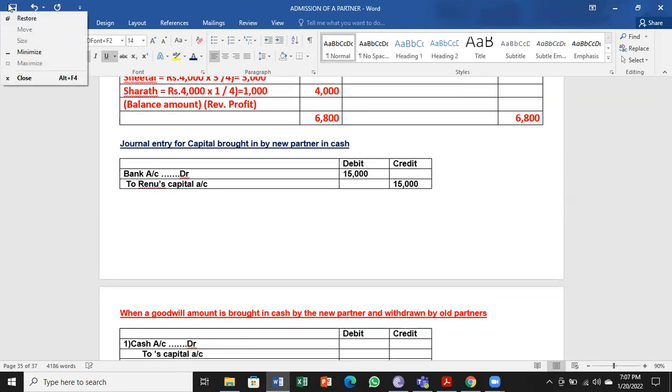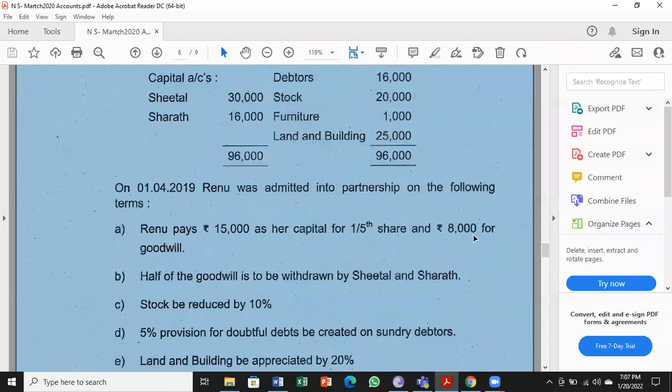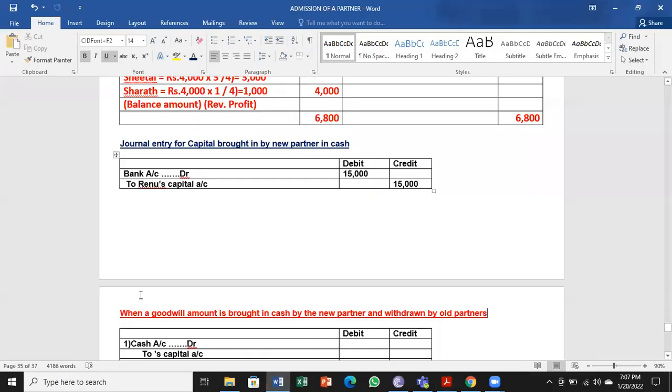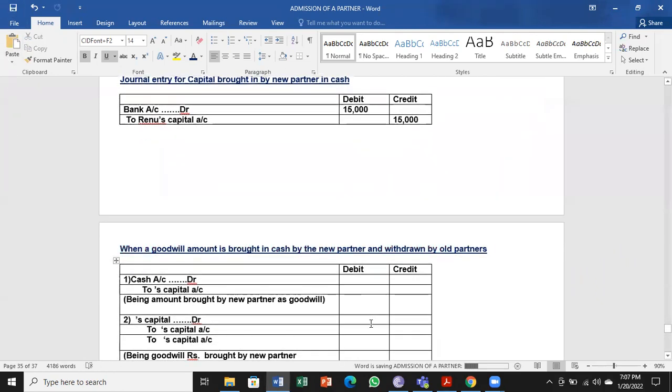This is the situation. So you can see here in this, rupees 8,000 for goodwill. So Renu pays rupees 8,000 for goodwill. Half of the goodwill is withdrawn by Sheetal and Sharat. That's what I have given therein. When goodwill amount is brought in the form of cash by the new partner and withdrawn by old partners.